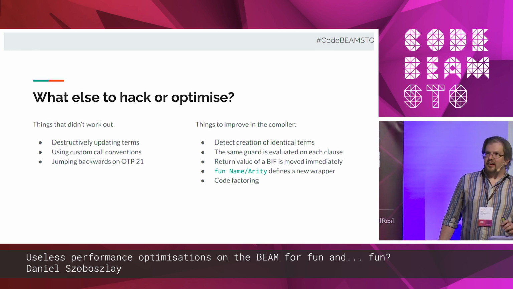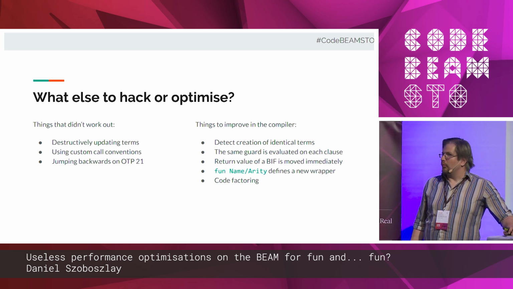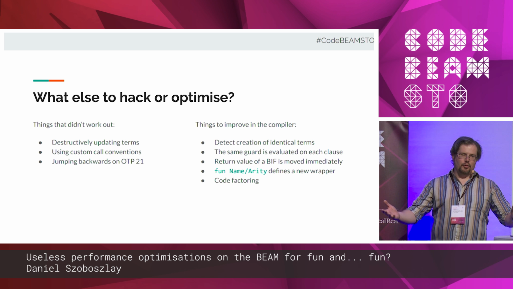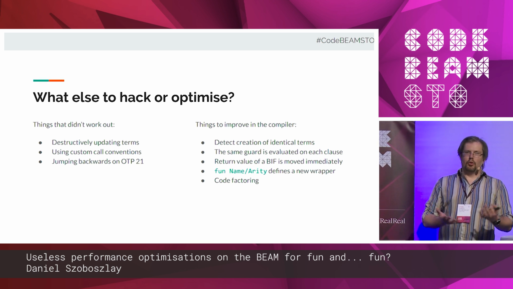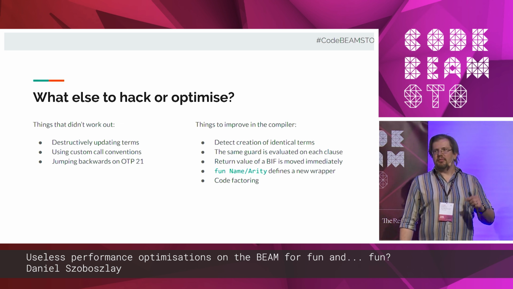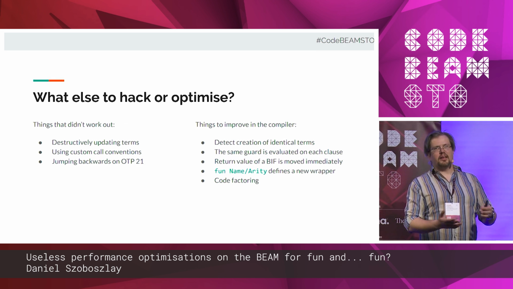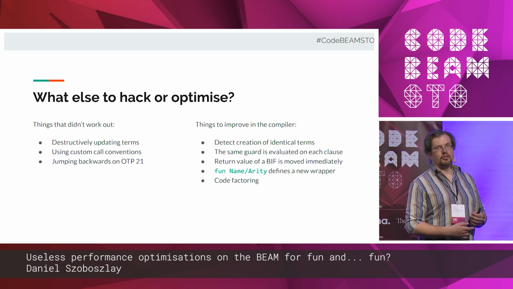And I think there would be a lot of nice possibilities in doing some code factoring, which means unifying similar code paths. Because at the assembly layer, even very simple things like returning the error reason tuple can take 4 instructions or so.